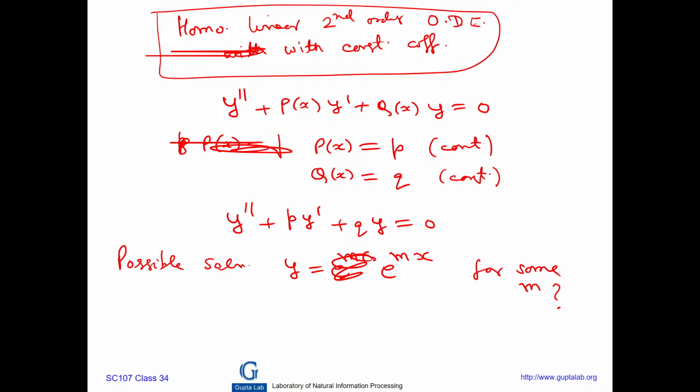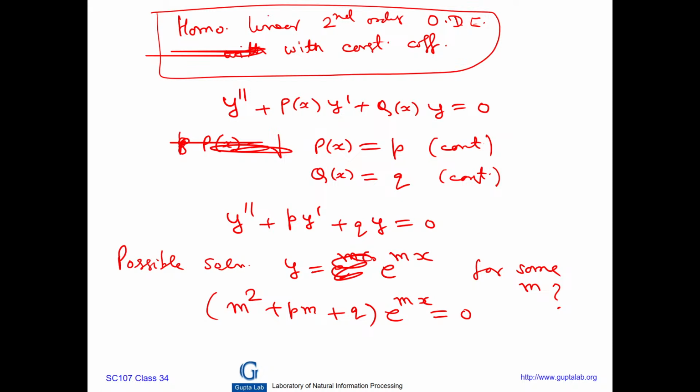So I just substitute and solve for m. So when I substitute, what am I going to get? Here you differentiate it twice, so basically you will get m square plus pm plus q times e raised to power mx is equal to 0. Do you agree?